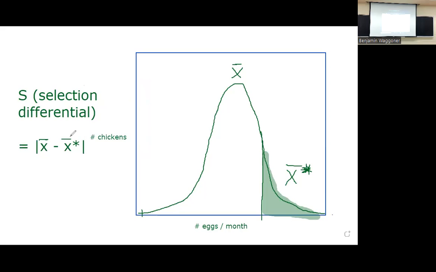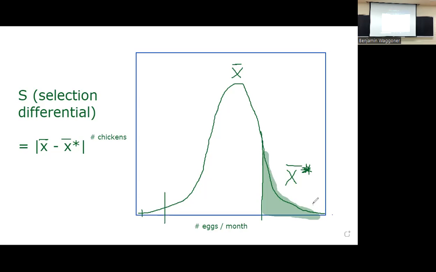Think about it. If you said, I want most of my chickens to live and only a few of the worst are going to end up as chicken stew, then your cutoff value might be here. And the mean value after you've gotten rid of these few chickens on the left might be very close to the mean value before you got rid of any chickens at all, right? On the other hand, if you said, let's try the Harvard University approach, only a handful of the overachievers are ever going to get in, and to heck with everybody else.